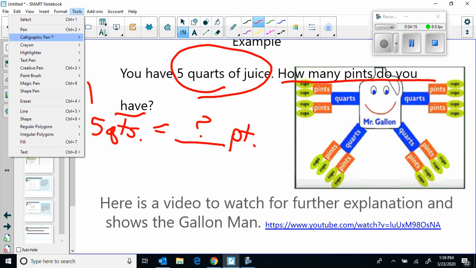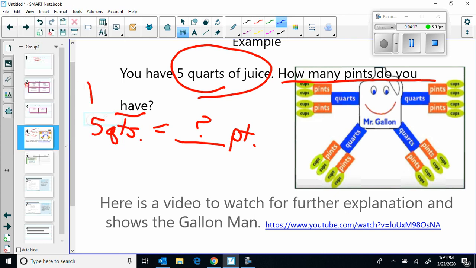So what do you know about quarts and pints? Well, we have the gallon man here. Sometimes we may need to think about that, but we know that 2 pints make 1 quart. So we're going to say 1 quart is equal to 2 pints.